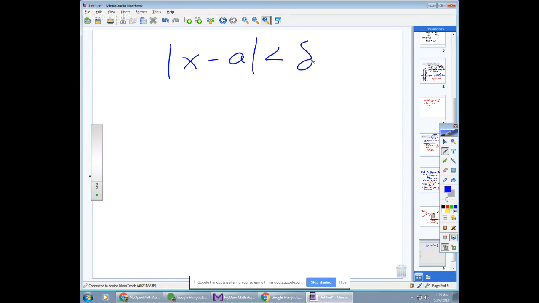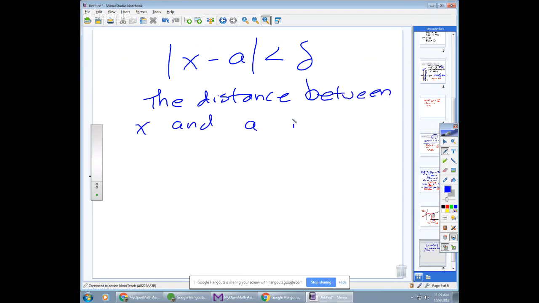Distance between two things. What two things? Well, the distance between x and a. So what this says, one way to view it, is the distance between x and a is less than whatever that number delta happens to be. Delta is a squiggly looking d.